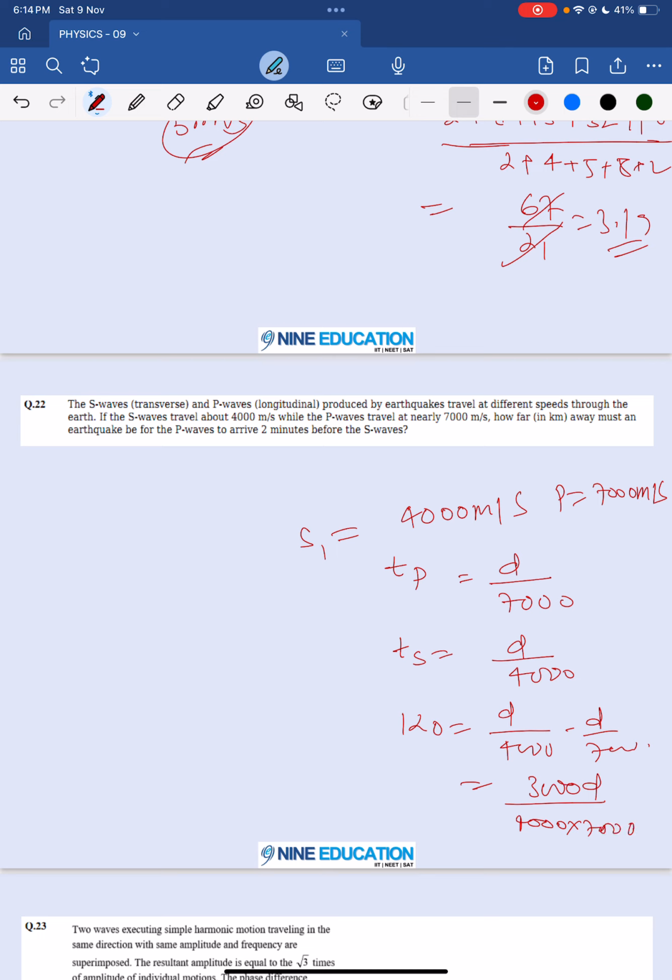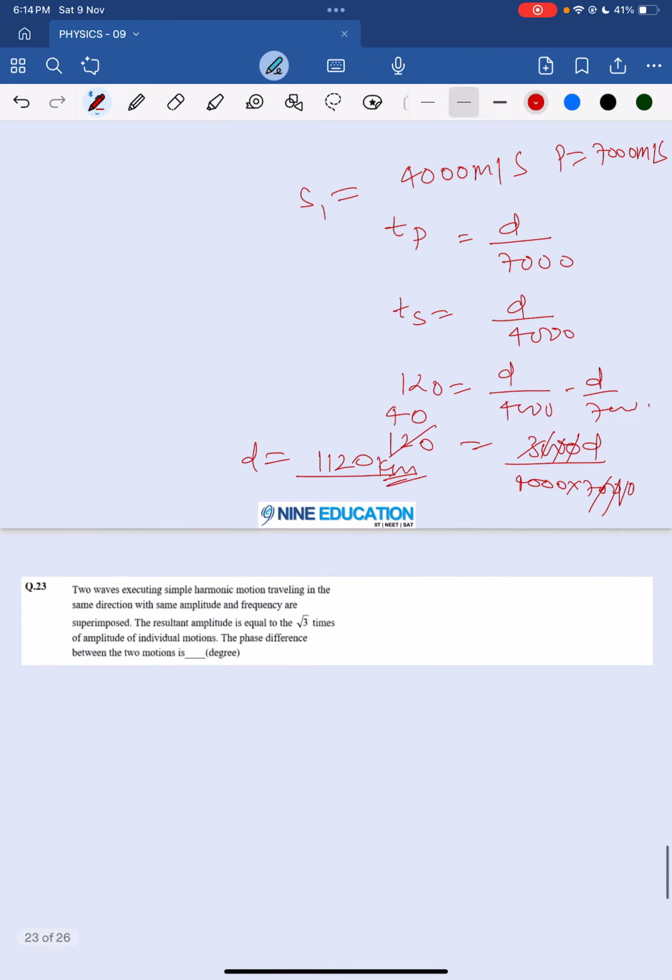So now we have D to calculate. The 3 will cancel, and 3 4s are 12, so this is going to become approximately 112, which we can write as 112 into 10 to the power 3, which would be 1120 kilometers, right?